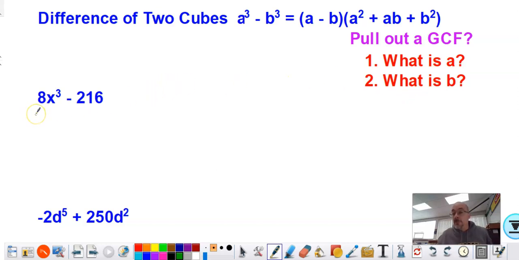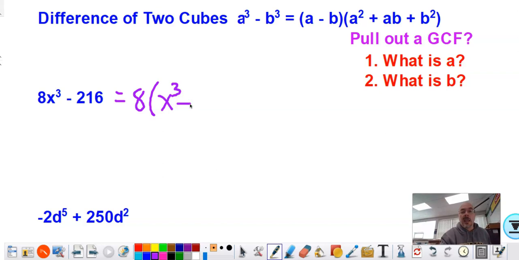Okay, you're going, well, it's a perfect cube. Yeah, but 216 is not a perfect cube. Okay, you can't multiply 3 numbers together, the same 3 numbers together, and get 216. So what in the world is the GCF? So in this problem, the GCF is 8. So what we're going to do, ladies and gentlemen, is we're going to pull out an 8. That's it. There's no x to pull out.